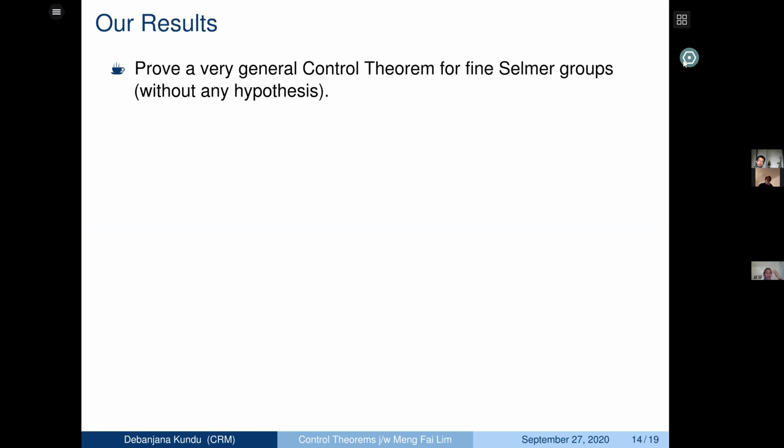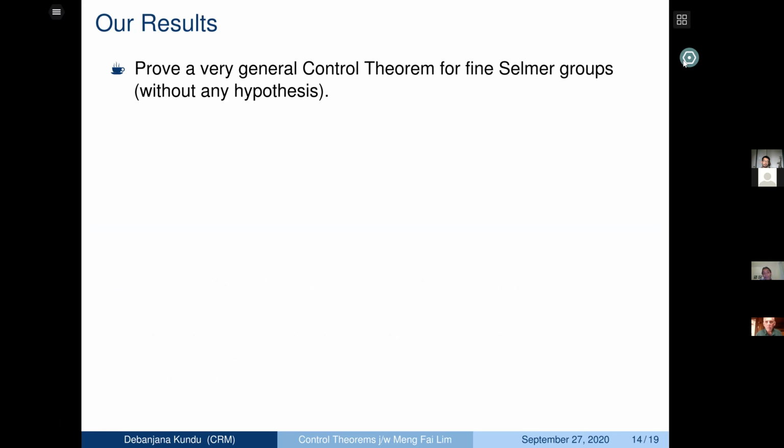So what are the results that Meng Fai Lim and myself prove? Firstly, we prove a very general control theorem for fine Selmer groups. There is no restriction on the Z_p extension, the p-adic analytic extension, and there is also no restriction on the reduction type.